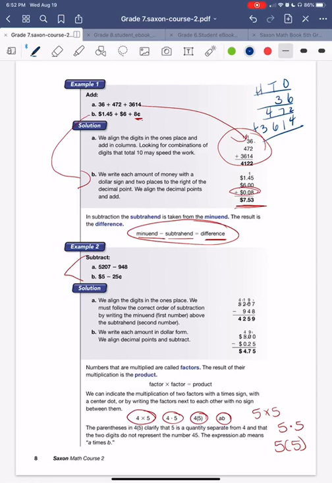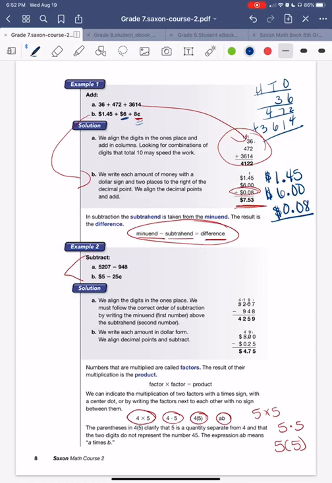Okay. Same thing applies with money. But in this case, we must align the decimal points. So for this one, when we have $1.45, and then we have $6, which is up here, this is the same thing as 6.00. All right. And then we have 8 cents, and this is the same thing as 0.08. All right. So that is how we should align these up by the decimal points.